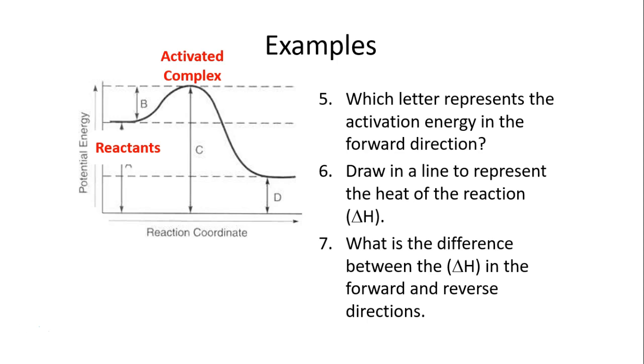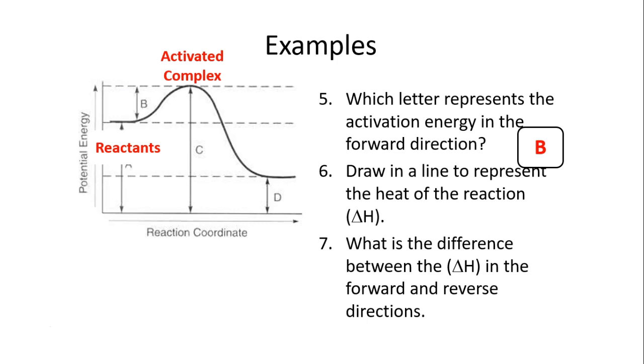That's always at the top of the hill. So then I need to find an arrow with a letter that would just be from the reactants to the activated complex because that's the activation energy. So that would mean from here to here. So that's B.